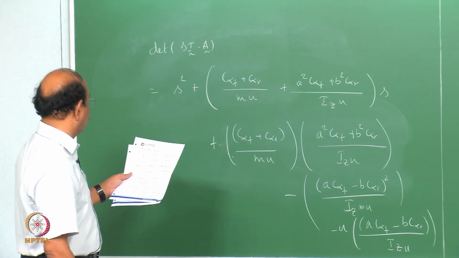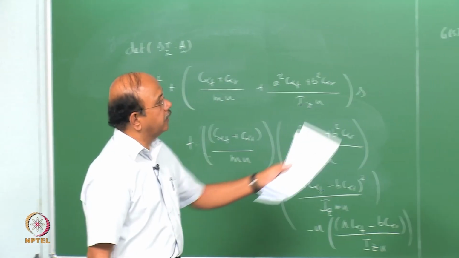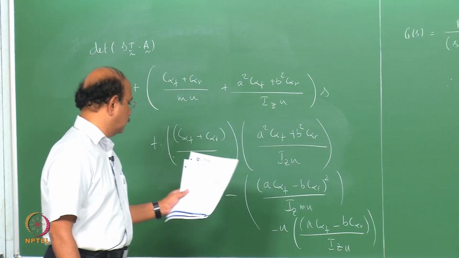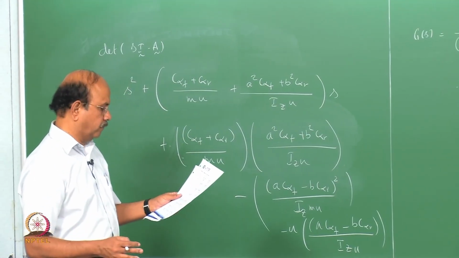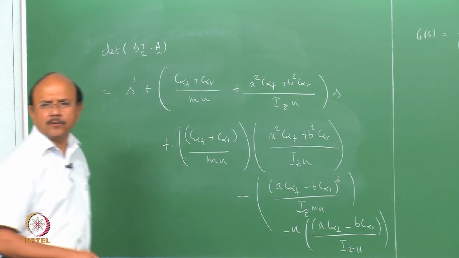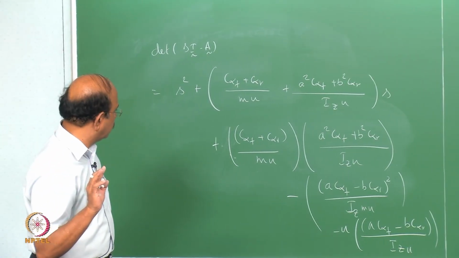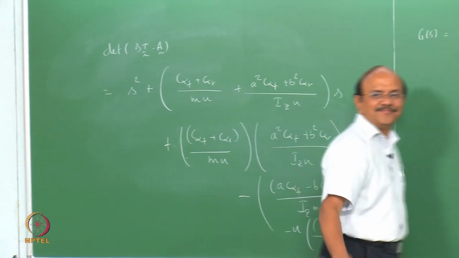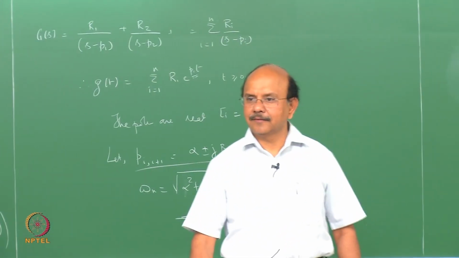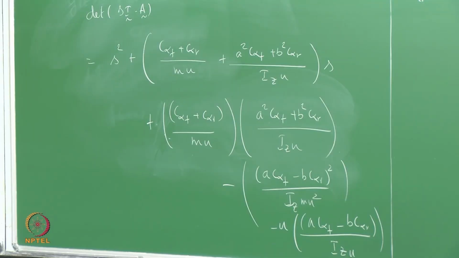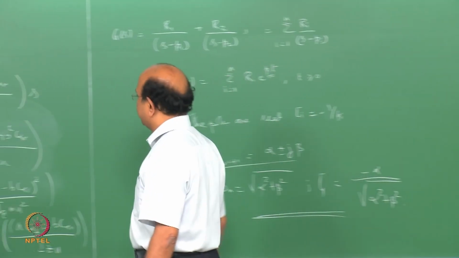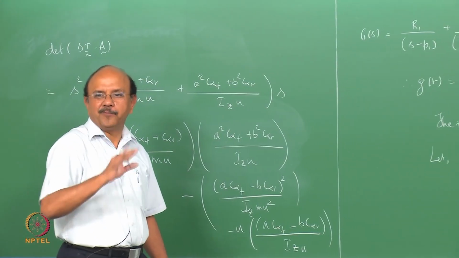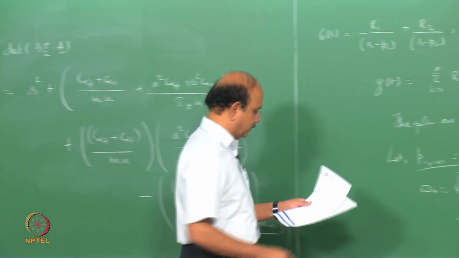Plus C alpha f C alpha r, that's the last term from there, u into, so minus is taken out, that would be minus outside. Clear? The problem is there are so many terms, you have to be careful. There's nothing very difficult about it. Most of the times m is usually accompanied by u squared. You're right. That should be the case.